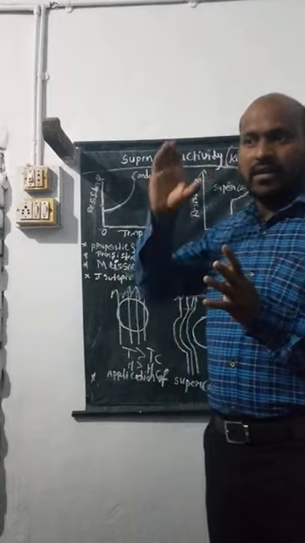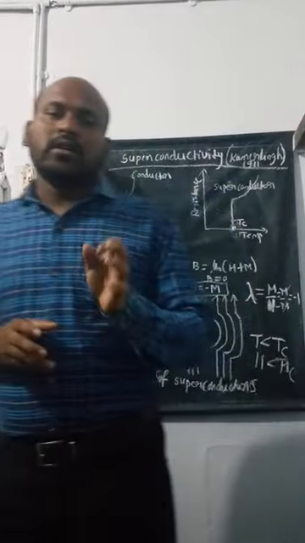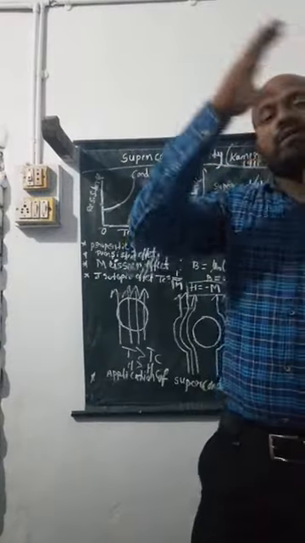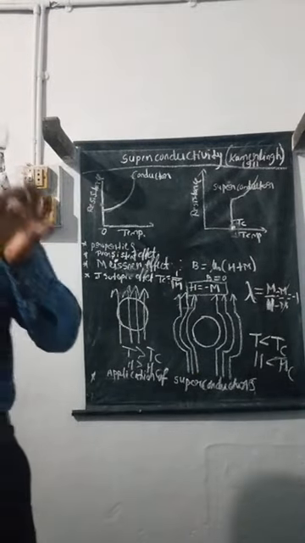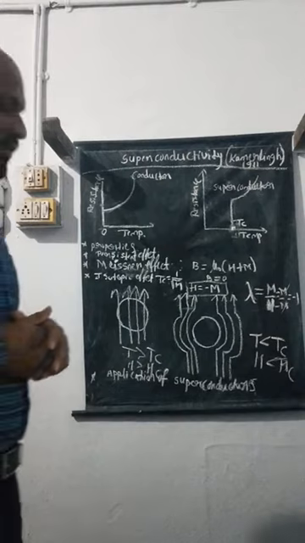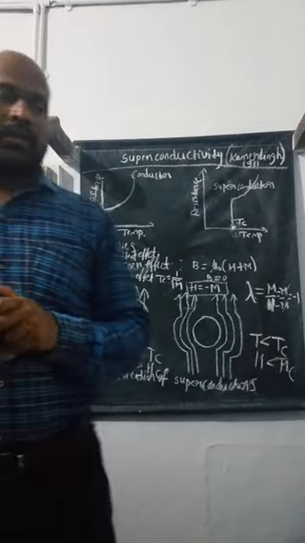When the magnetic field keeps increasing, at that particular magnetic field the superconductor becomes a conductor. The magnetic field at which the superconductor changes to a conductor is the critical magnetic field. These are all properties of superconductivity.